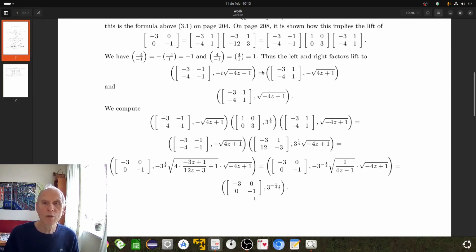So we compute the product here with the automorphy factors. The first one is trivial, and the next one we have to, first we write this, and then the minus, and then the square root where we operate with this matrix, giving this, reduce it, and that is what it becomes.